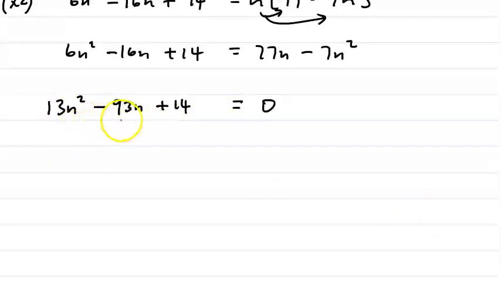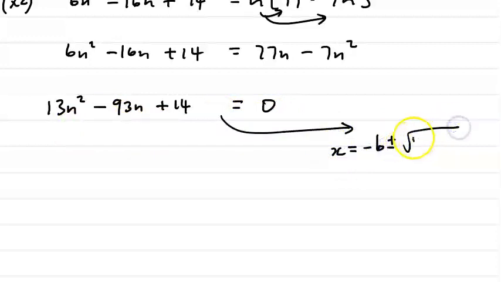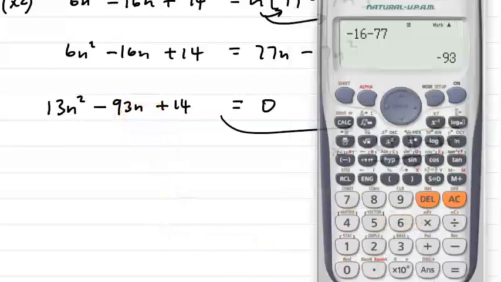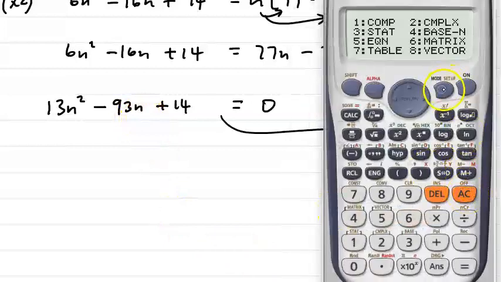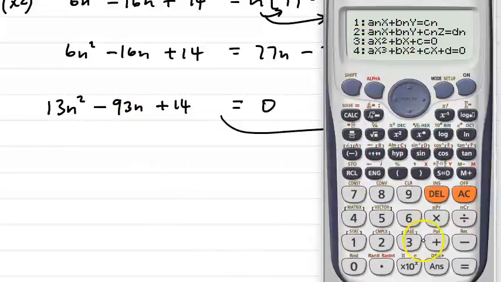So you can use the following formula: x equals minus b plus or minus the square root of b squared minus 4ac, all over 2a, and you can get the roots of this quadratic equation. Or if you have this calculator, you can just do this. You press mode and equation 3.